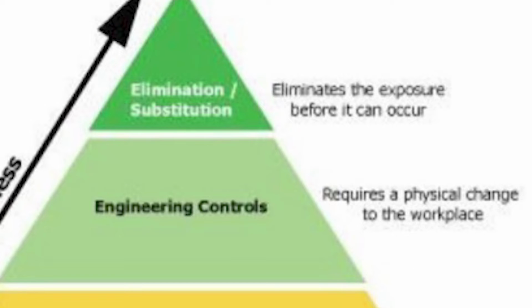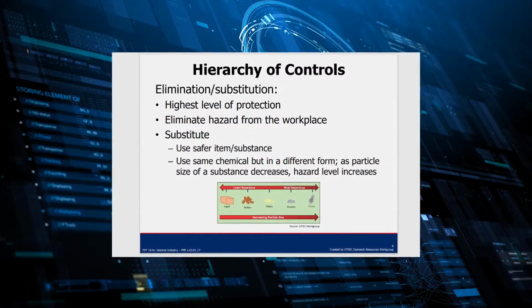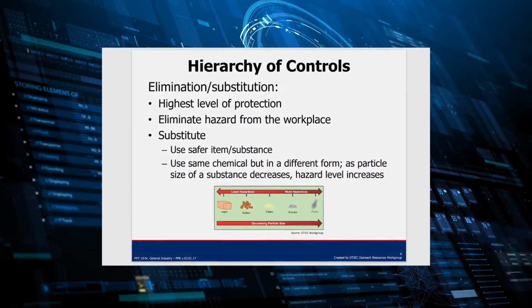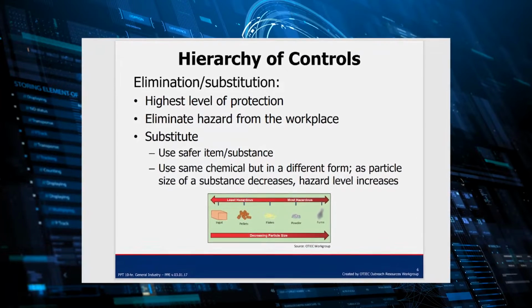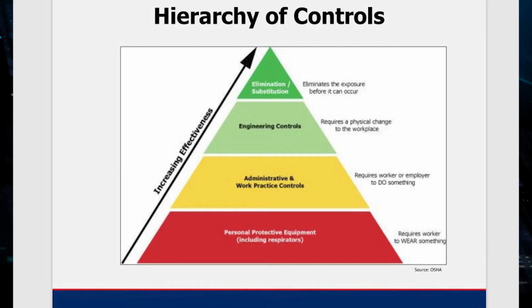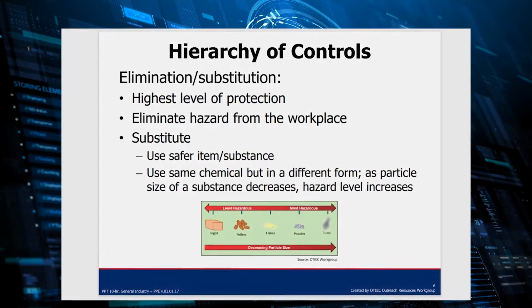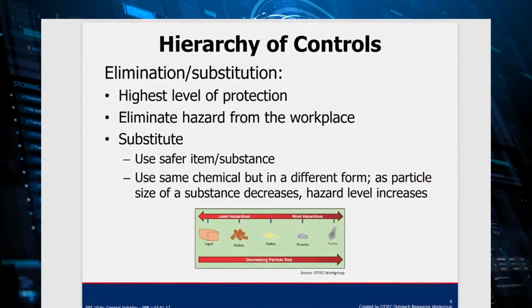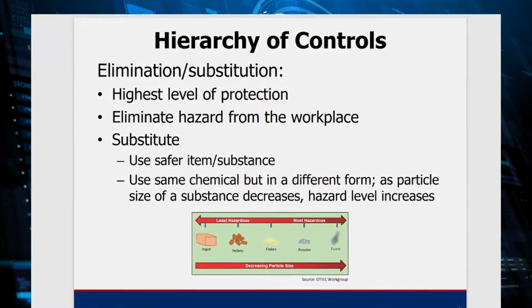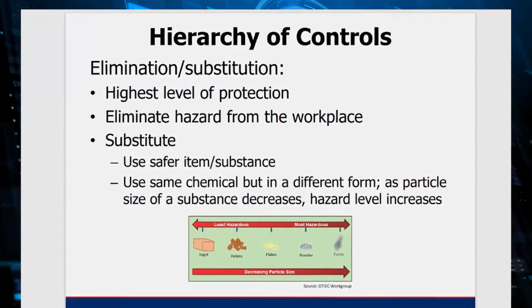Level 1. Elimination or substitution. This is the highest level of protection. At this level, we eliminate the exposure before it can occur, as seen on the diagram above. We can substitute by using a safer item or substance, or by using the same chemical but in a different form.